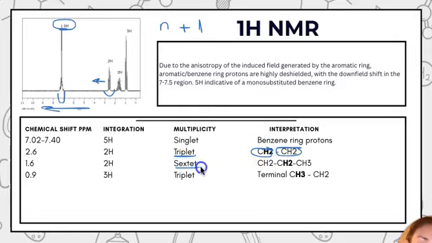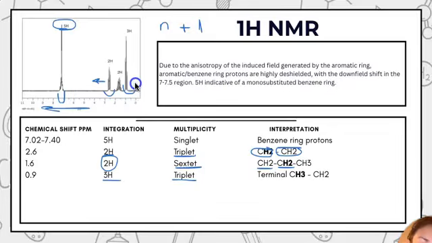And then we have a sextet, and because the integration is 2, it's the CH2, and it's bonded to the terminal carbon and then the other CH2 carbon, and it gives us 5 hydrogens plus 1, 6, so a sextet matches. Then we have a final triplet with an integration of 3.